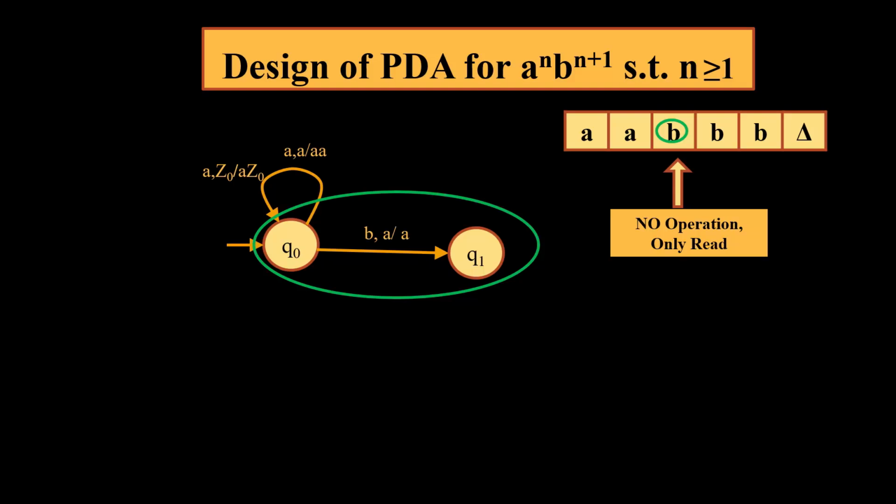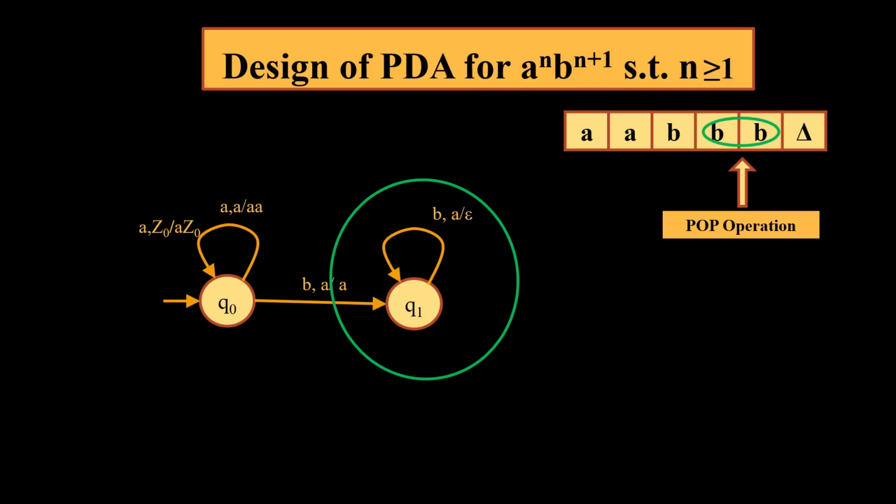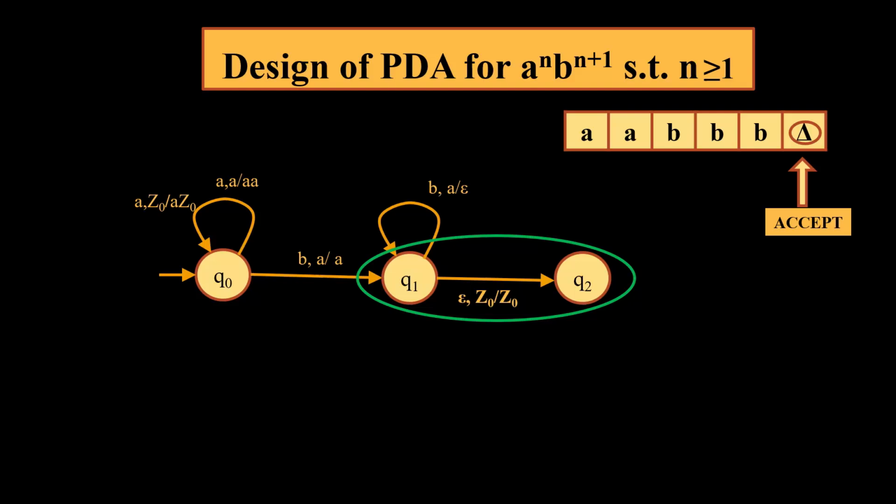After we have read 1 b, that means now 1 b is extra compared to the number of a, we will start the pop operation. And corresponding to every pop operation on the stack, we should have a as the output from the stack. When the tape is empty, we move to the q2 state and we empty the stack at that point.